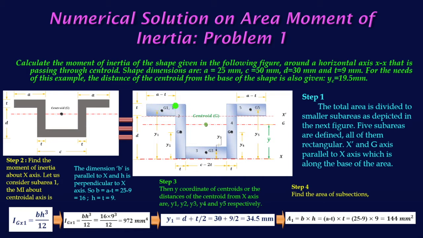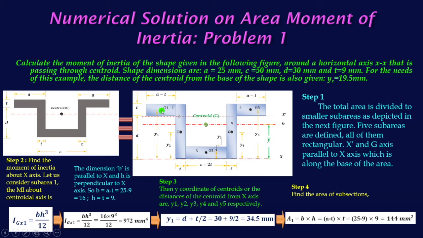And we know the position of the centroid of this segment 1, area 1 is at the center, the intersection of the diagonals, means at the center here. Let's consider the y coordinate of the centroid from the x axis. No particular x axis is mentioned here, so choose this as the x axis.